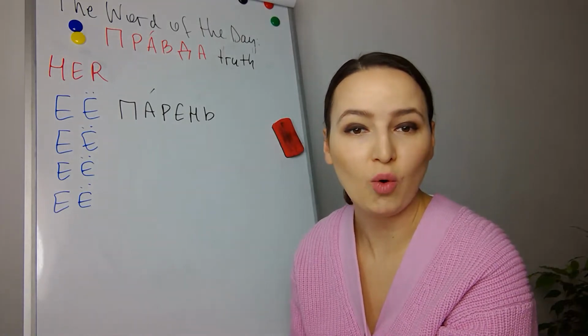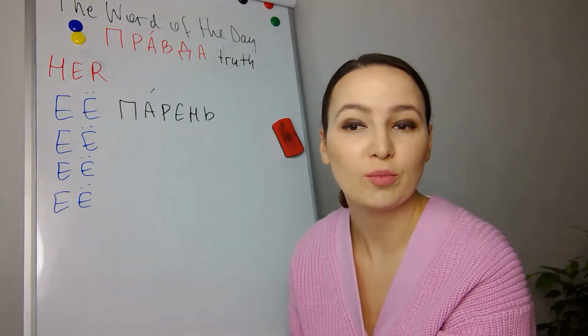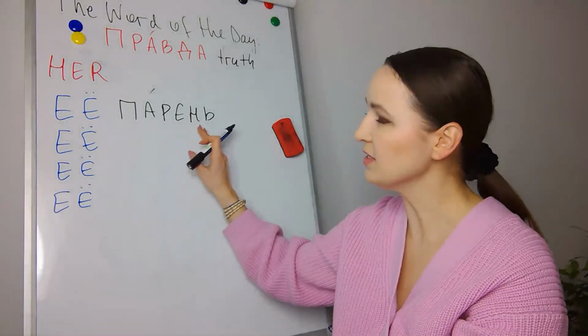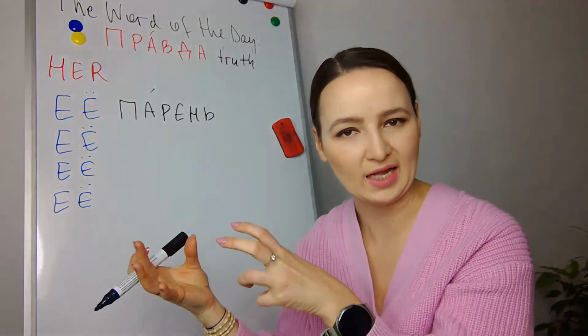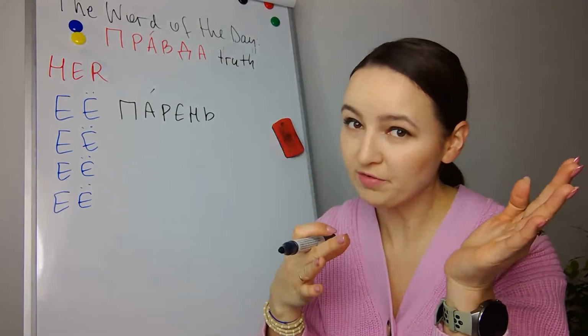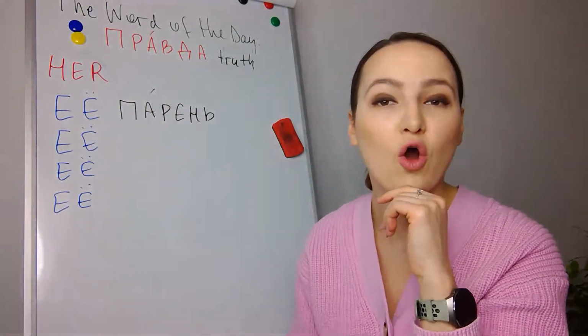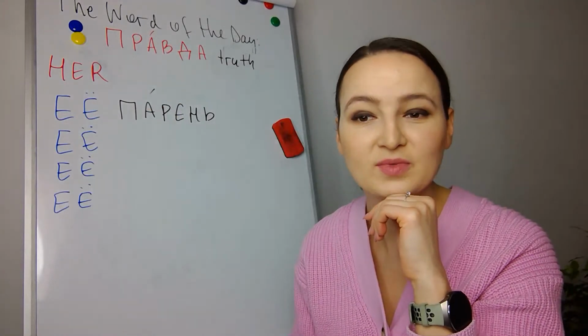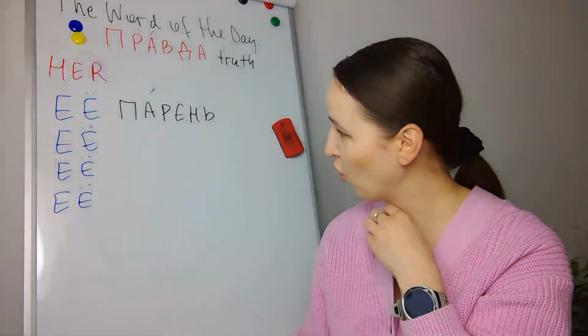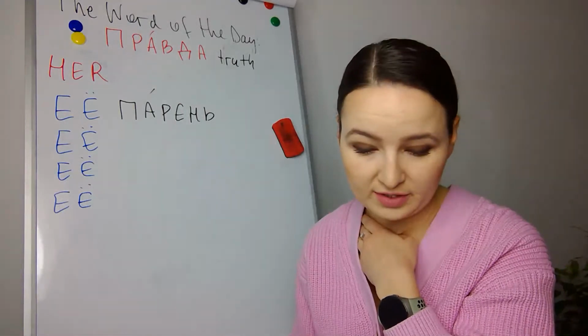Парень. Её парень means boyfriend. Парень means a young man or a boyfriend. Парень, правильно. Её парень, her boyfriend. Молодцы, правильно.